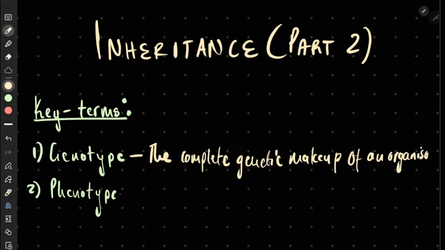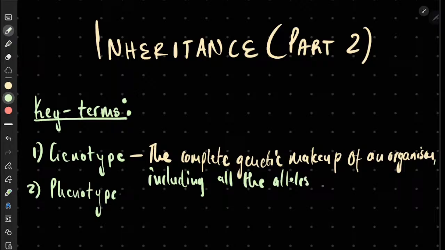Remember, we'll be looking at one gene at a time. The complete genetic makeup of an organism, including all the alleles of the gene which we are looking at. So we look at all the alleles that are there. What are all the alleles that are inside this organism?